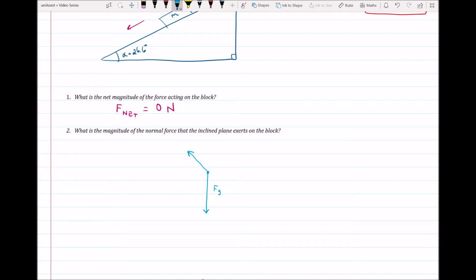So that's my Fn, and it's in the opposite direction of the plane. And then we've also got a supplementary force to this question, which is called F, that moves the block at the speed which is defined above. So this is my simplified force diagram.